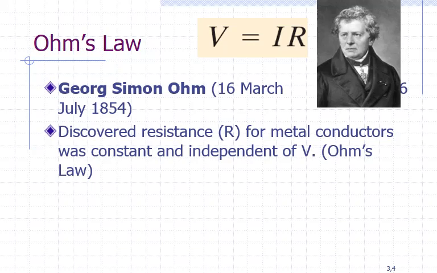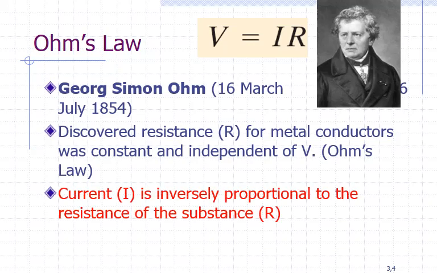However, it doesn't matter how much voltage you put on it, it's going to have the same resistance. And this was a really important idea because the atoms within a metal, as a collection in a metal conductor, the resistance will stay the same.